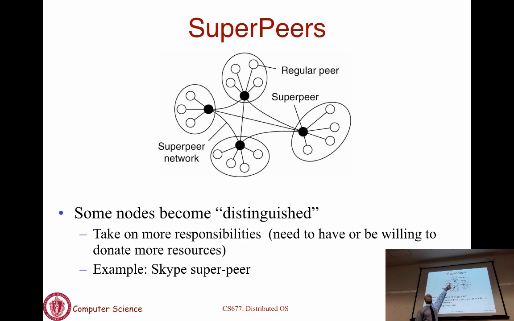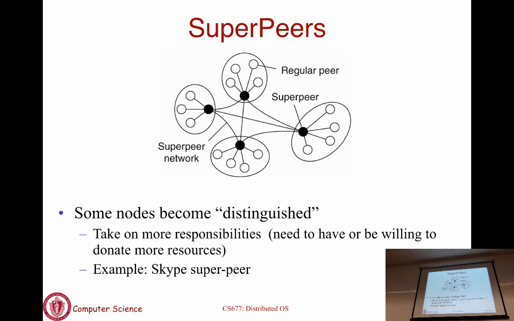So when a query comes, it can answer the query on behalf of everyone in its group. It doesn't have to ask. In this case, you only knew what you had. You didn't know what anyone else had. So you had to essentially flood the network and ask every peer, do you have such and such object? In this case, a super peer knows what is stored in its group, and it can answer for everyone.